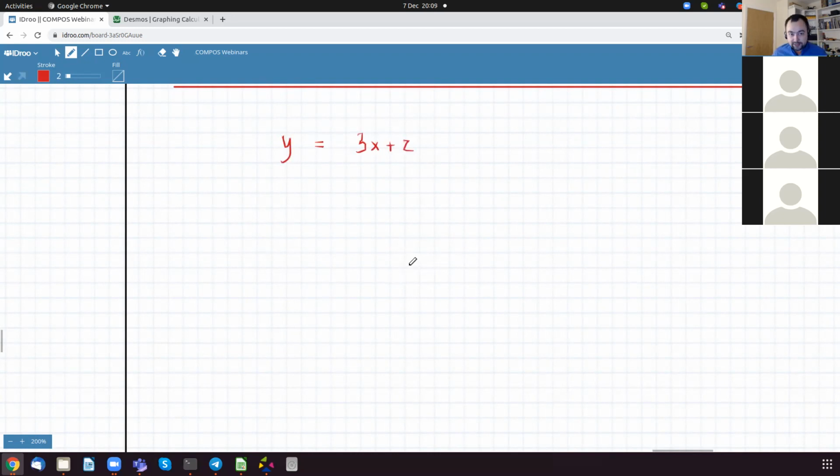The derivative tells you the gradient of the function. So what's the gradient of this function? 3, of course. So the derivative is 3 because the gradient is 3.